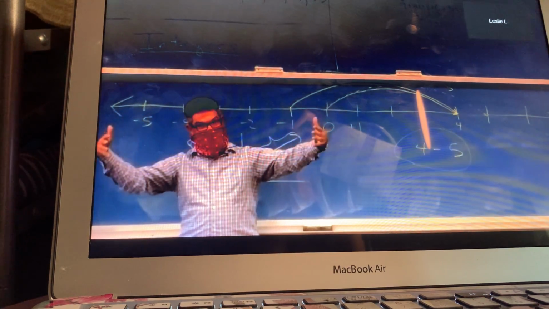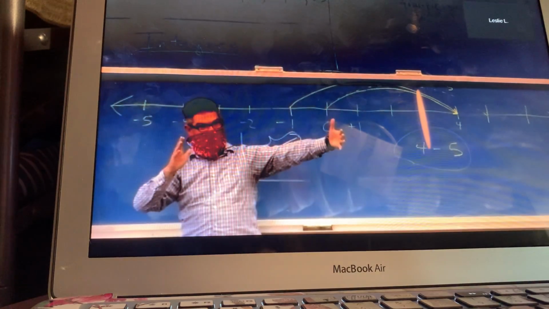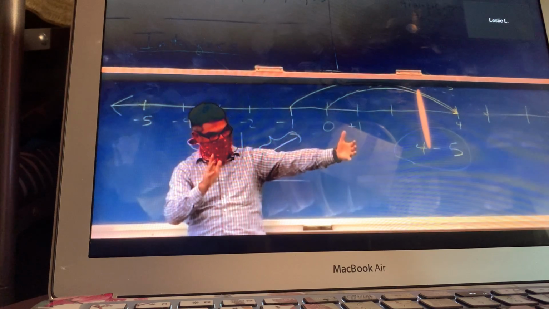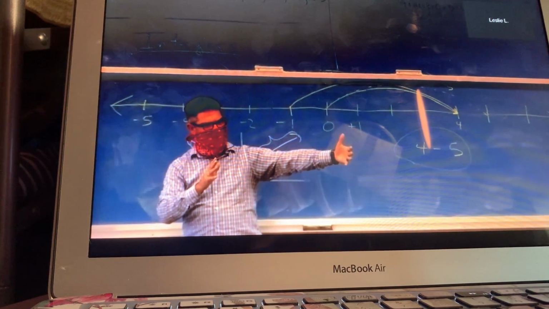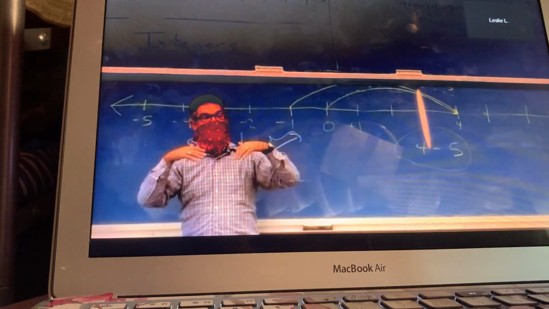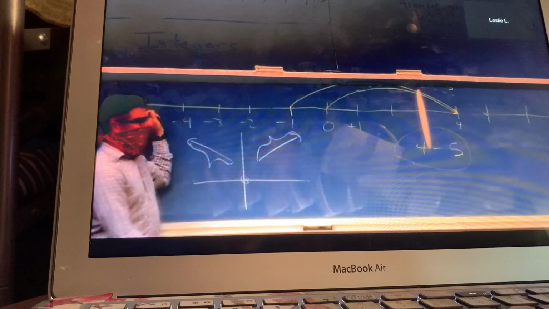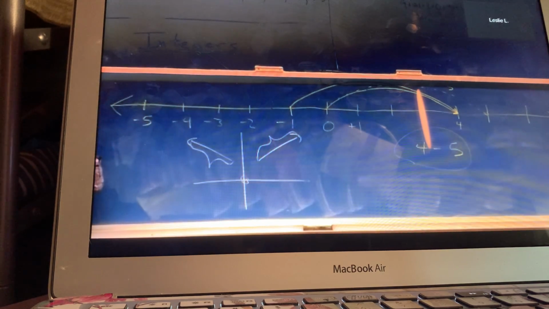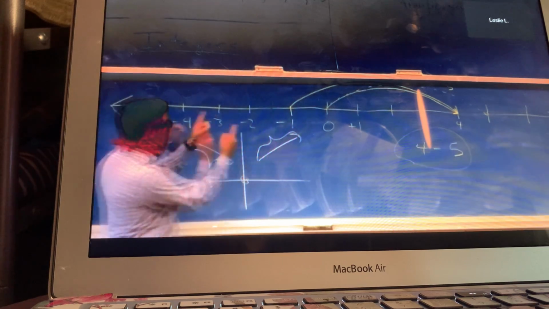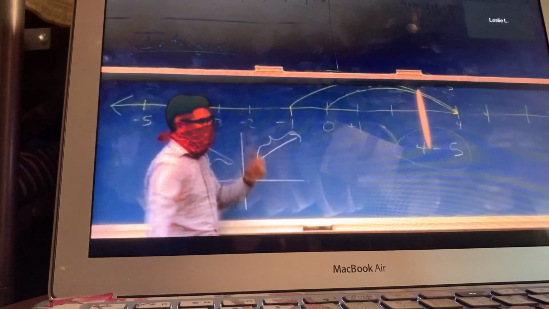So I need to extend my thought about numbers, right? Because it wasn't that there wasn't an answer. It was just that I had not cooked up enough to be able to write it down. Does that make sense? My view was limited, so I have to expand my view. The first way that we're going to expand our view is to move in the other direction and get the integers. The next way is actually by zooming in and saying, there's got to be a way for us to get stuff in between these two marks.